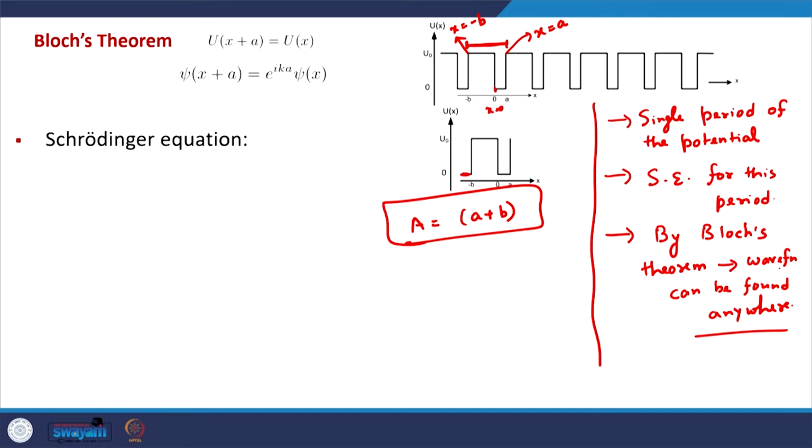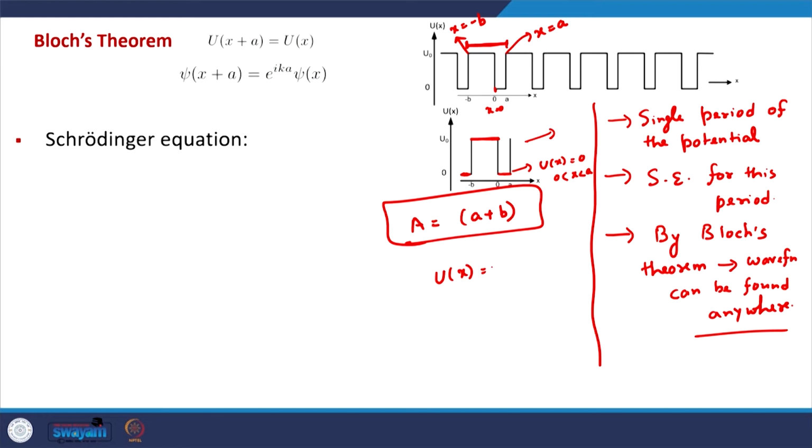So, in a single period of potential, as visible from this figure, there are two regimes of potential. From x equal to 0 to x equal to a, the potential energy of the electron is 0, and the potential energy of the electron between minus b and 0 is u naught.